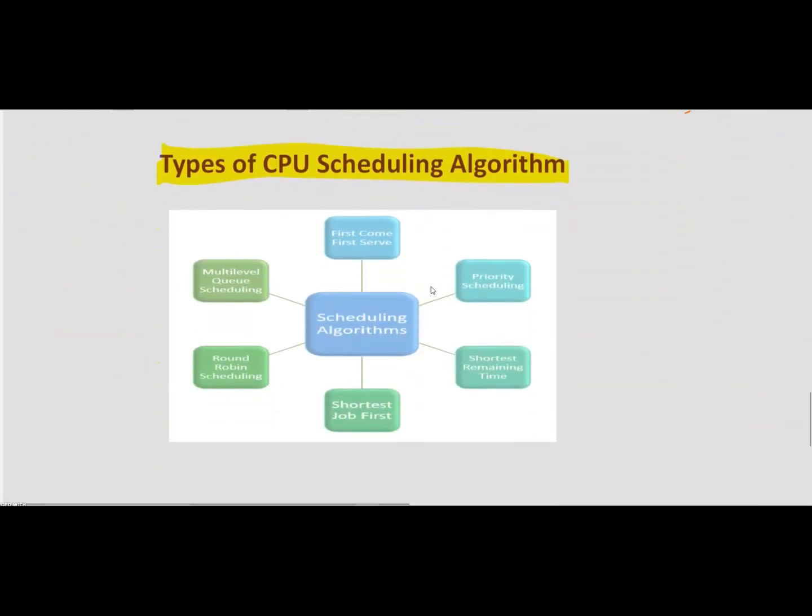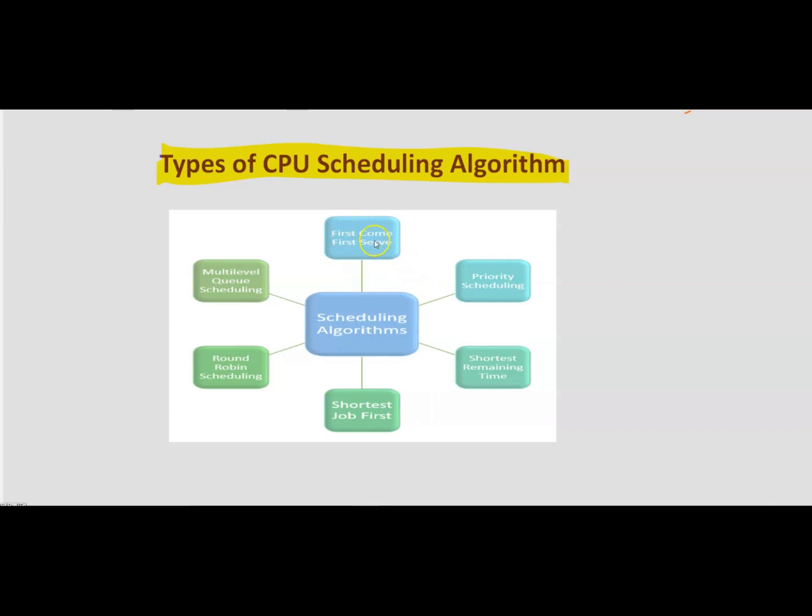The last topic we are having is the types of scheduling algorithms. We will be doing all these scheduling algorithms one by one, and we will be solving some numericals. Let us first see the names now.